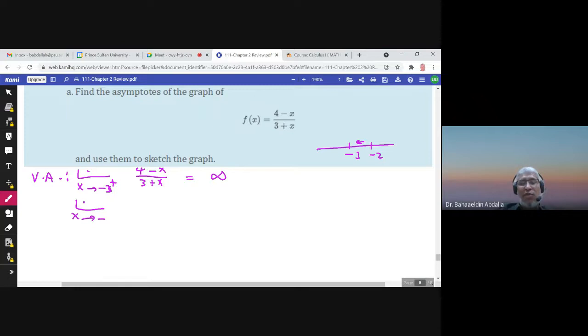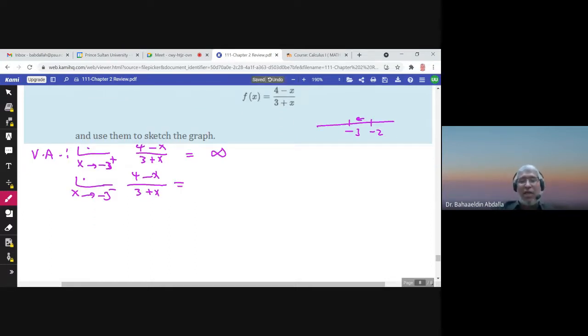While if I approach negative 3 from the left, I also get 7 over 0. So either the limit is infinity or negative infinity. But if I replace x by a number less than negative 3, which is negative 3.1, then 3 minus 3.1 would be negative, while 4 minus negative 3.1 would be positive.